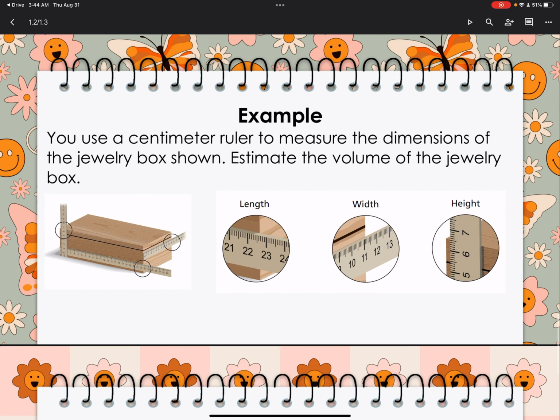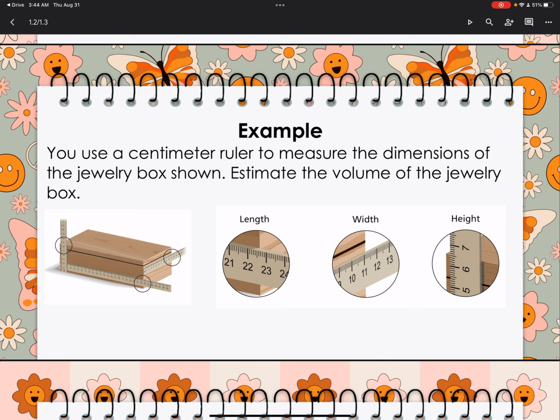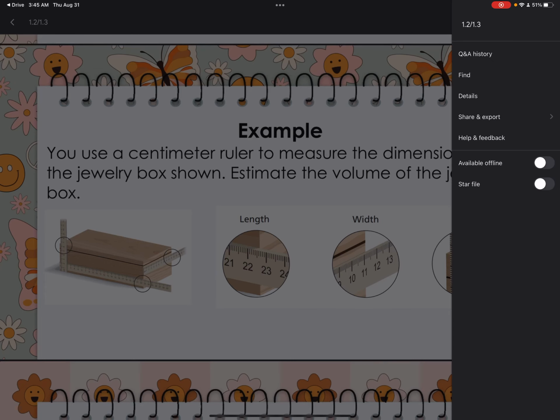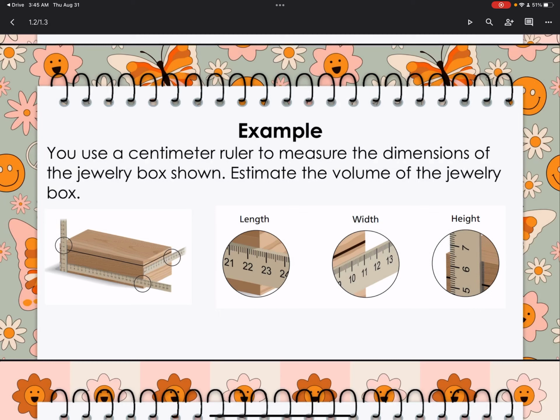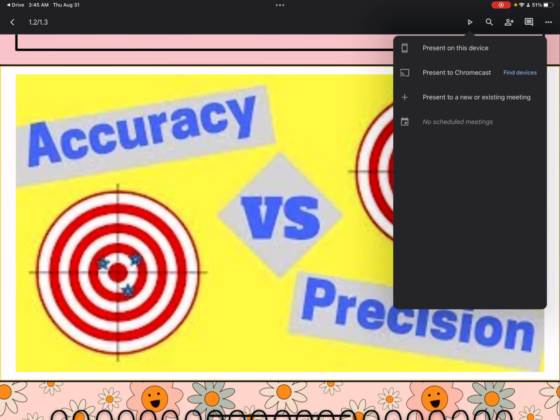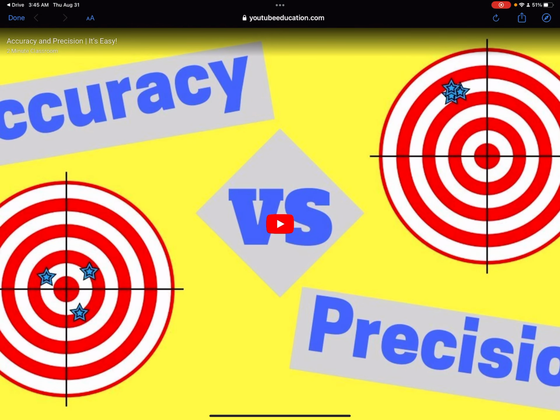Alright, let's do this example together. You use a centimeter ruler to measure the dimensions of the jewelry box shown. Estimate the volume of the jewelry box. Let's see.